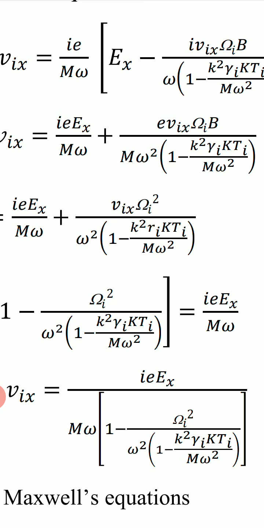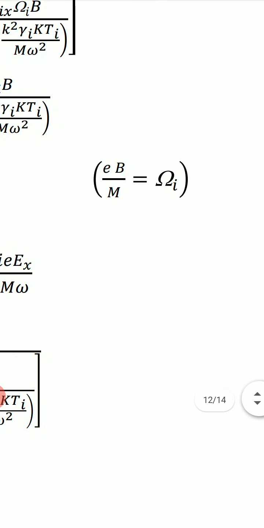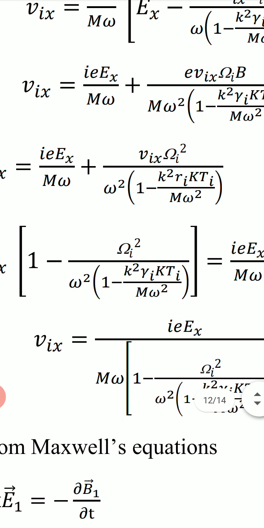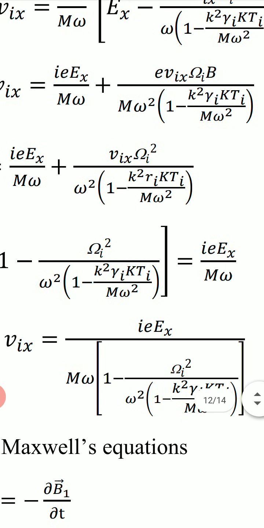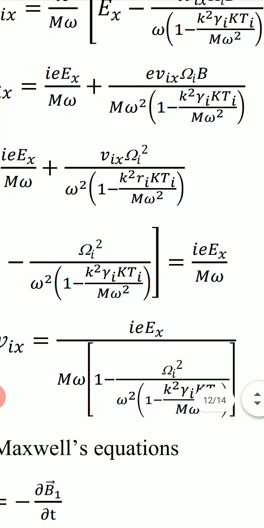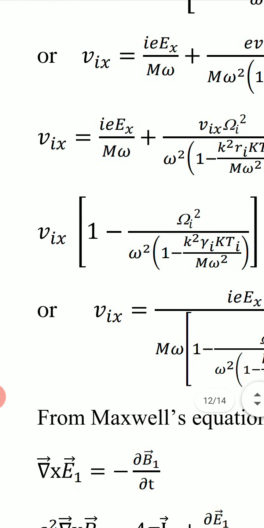Omega i is already there, so this will now become omega i square. By putting eB upon capital M as omega i, we now have this second term of right hand side as Vix omega i square upon omega square into 1 minus k square gamma i k Ti upon m omega square.